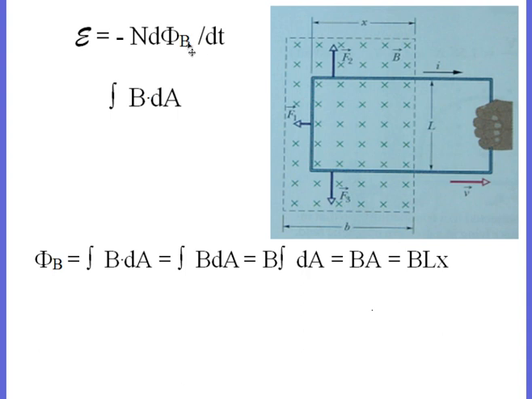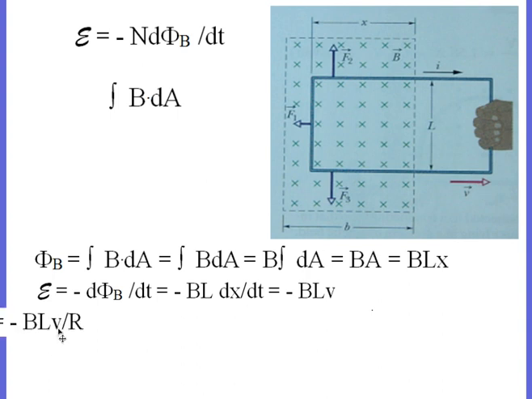Then we take the rate of change in the flux, that value that you just got. B and L are not going to change as a function of time, so they just stay constants, and you have the dx dt, but dx dt is equal to that value V, with which you are pulling it out. Okay, I'm with you on that.